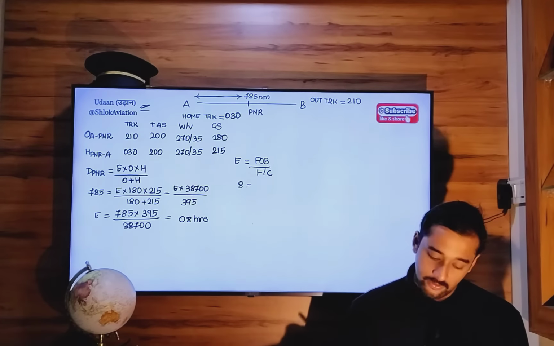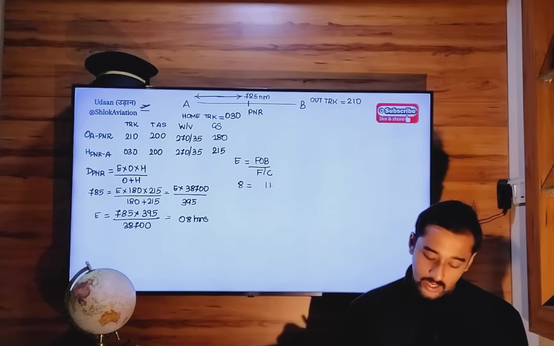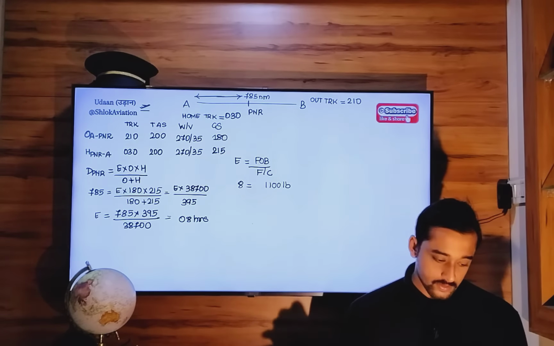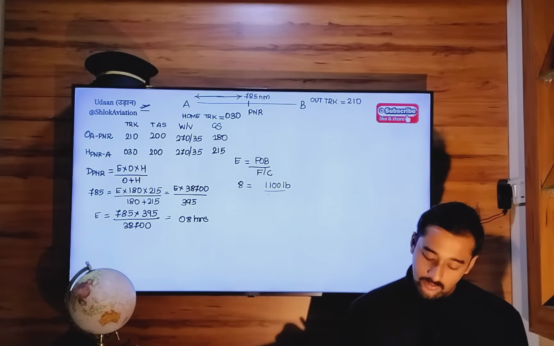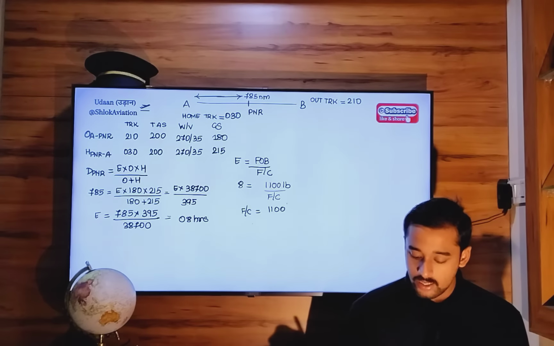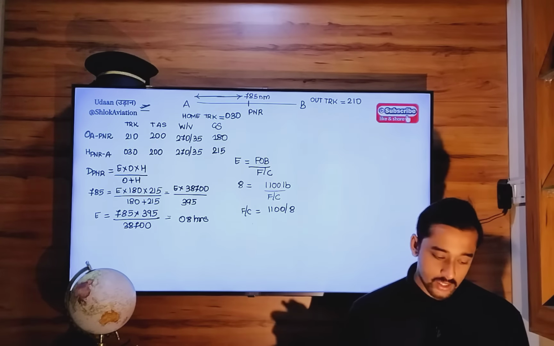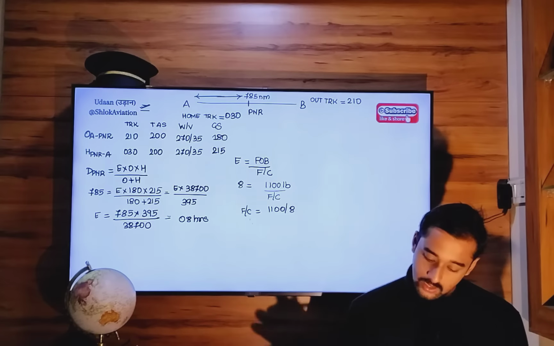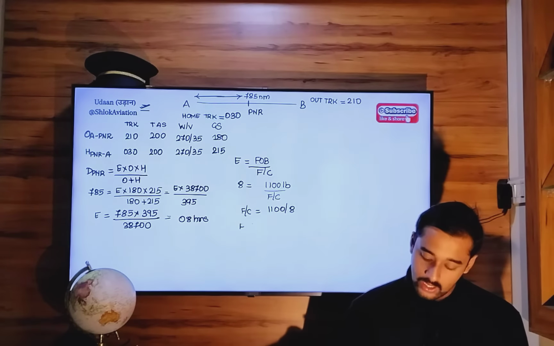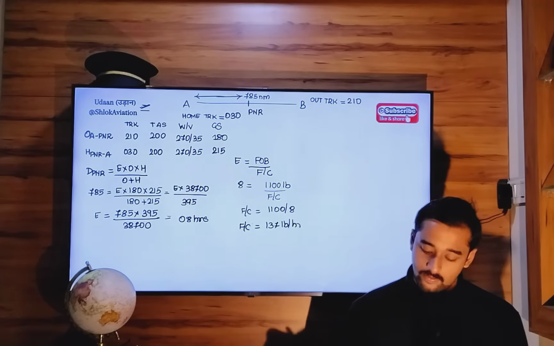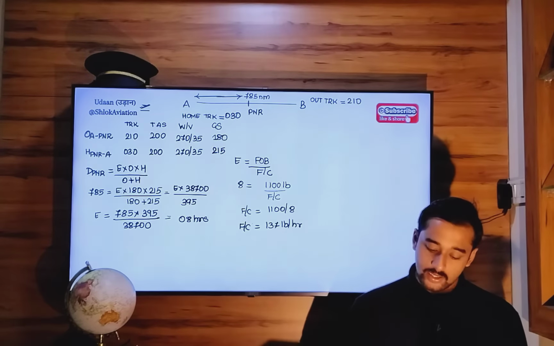So 8 hours, fuel on board is 1100 pounds. So fuel consumption will be 1100 by 8, 137.5, so approximately 137 pounds per hour. Okay, so that is your first answer.